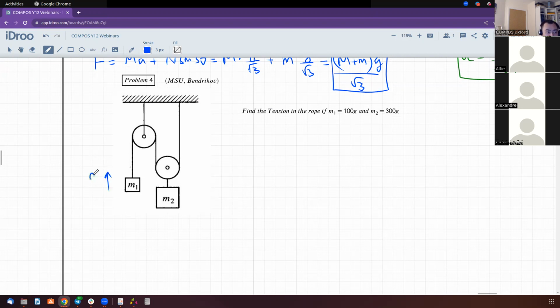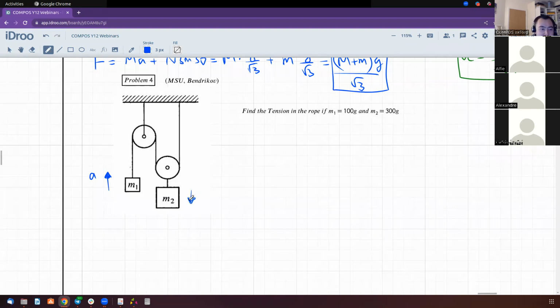Now, if you don't guess it correctly, it's not a big deal, because you'll just get a negative A. Sometimes you don't know and you just guess. Okay. M2 will accelerate down.